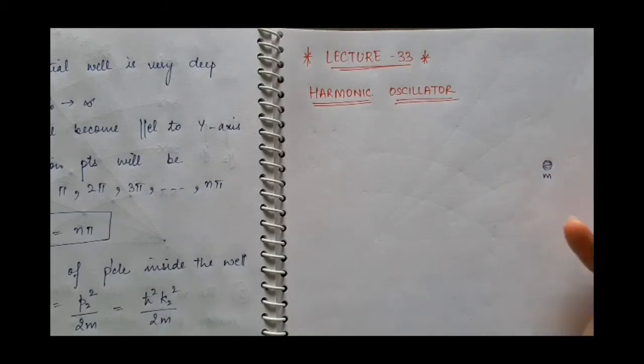of mass m, and we are displacing this particle from its mean position. Suppose this is the mean position of the particle, and we are displacing it from the mean position by a distance x.